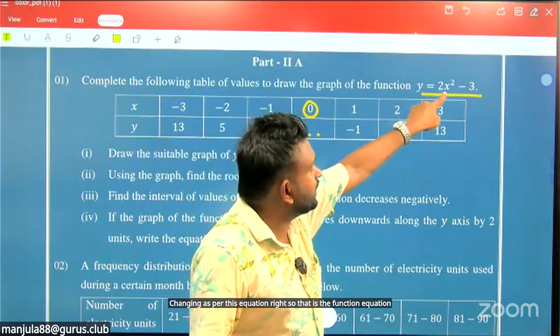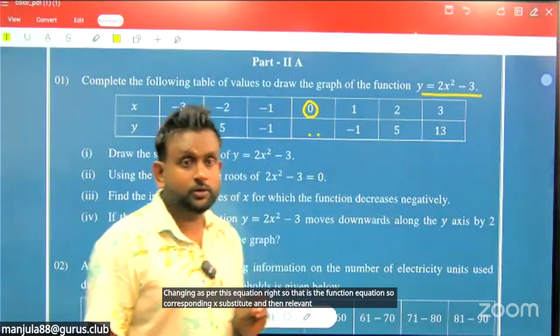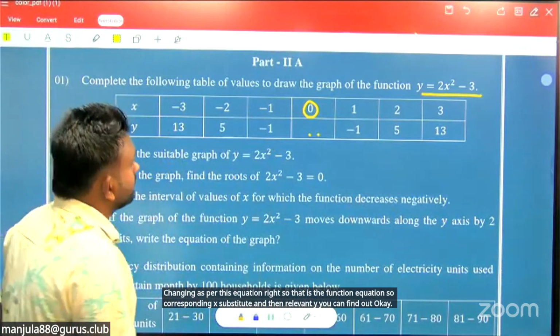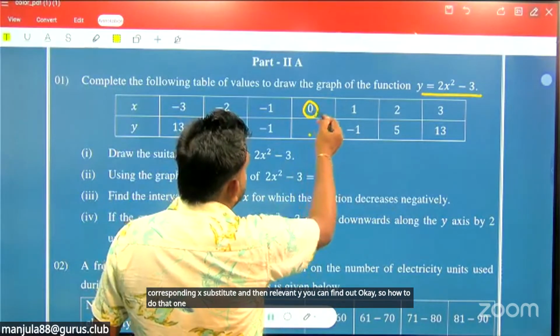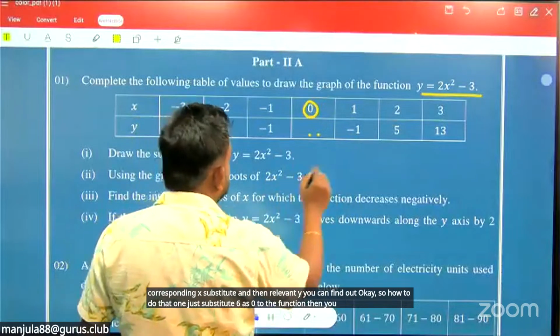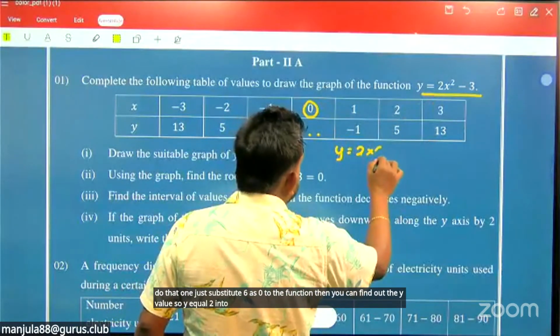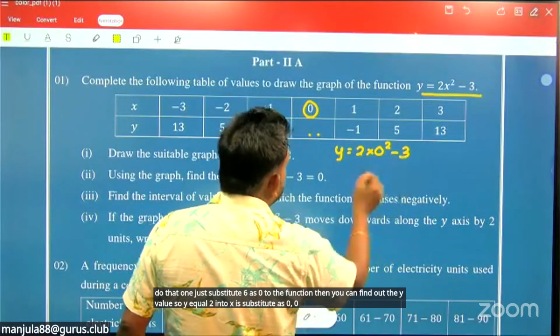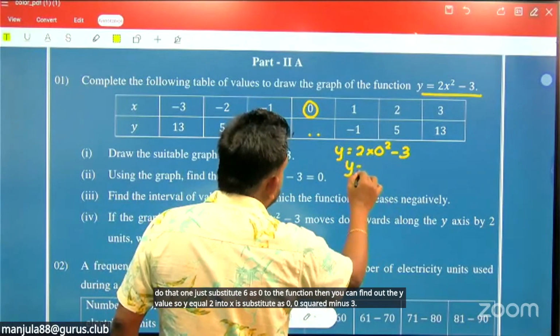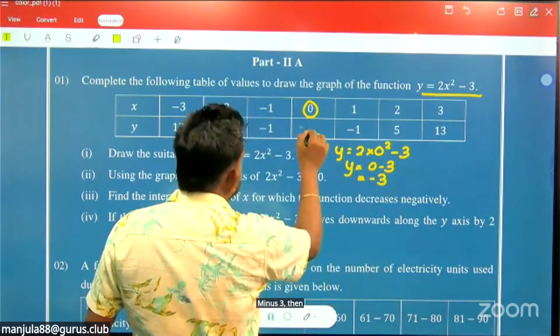So substitute the corresponding x and then you can find the relevant y. Just substitute x as 0 into the function, then you can find the y value. So y equals 0 squared minus 3, which becomes 0 minus 3, and that gives you minus 3 as the answer.